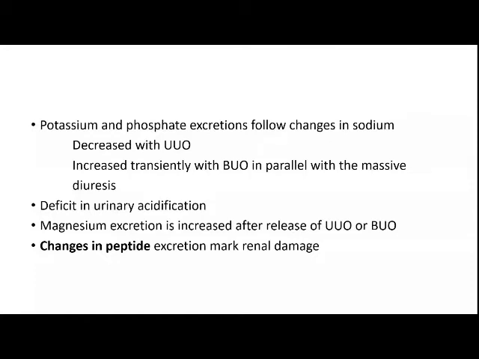After relief of unilateral obstruction only sodium excretion is increased, but it is increased transiently with bilateral obstruction, in parallel with the massive diuresis after relief of the bilateral obstruction. And there will be deficient urinary acidification because tubular function is decreased.